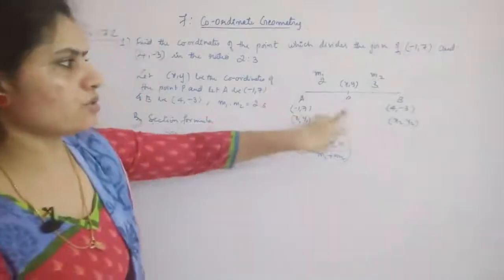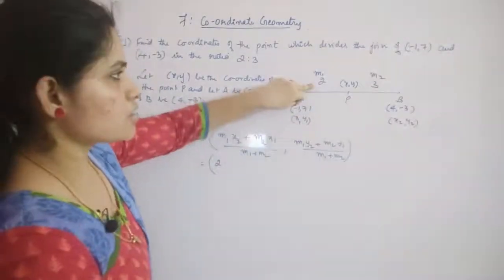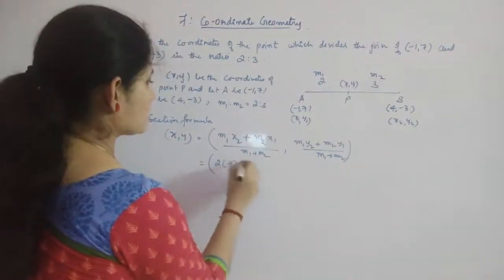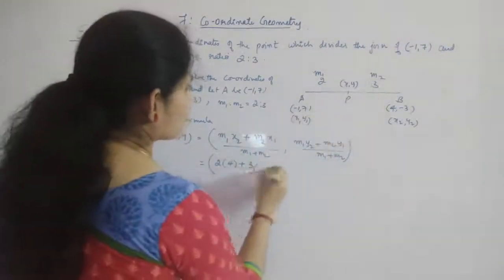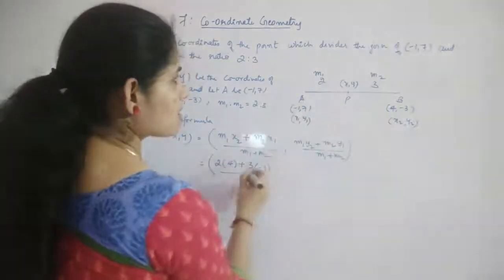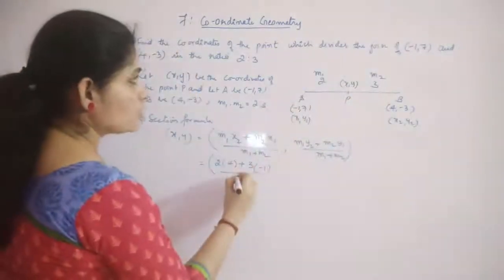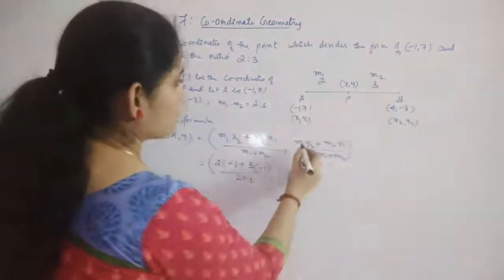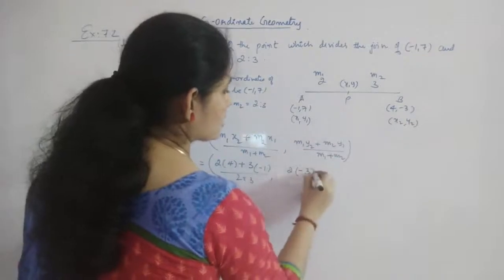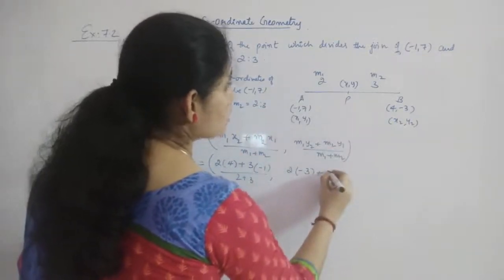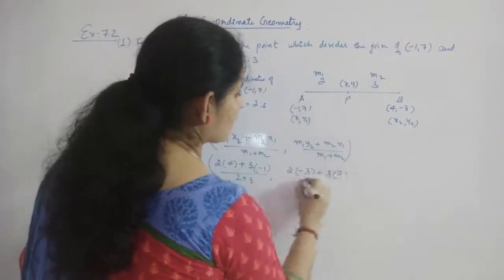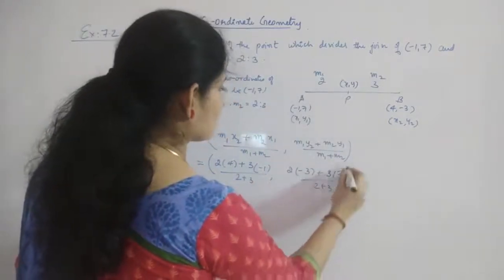If you write like this, it will be easy for you to calculate. 2 into x2 is 4, plus 3 into x1 is -1, divided by M1 plus M2, which is 2 plus 3, 5. Then again M1 is 2 into y2, which is -3, plus M2 is 3 into y1, which is 7, divided by again 2 plus 3.